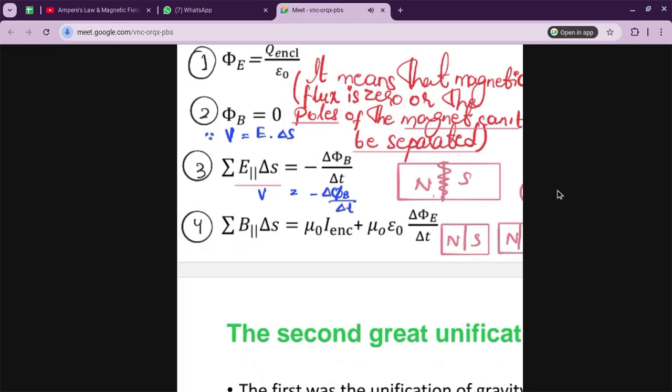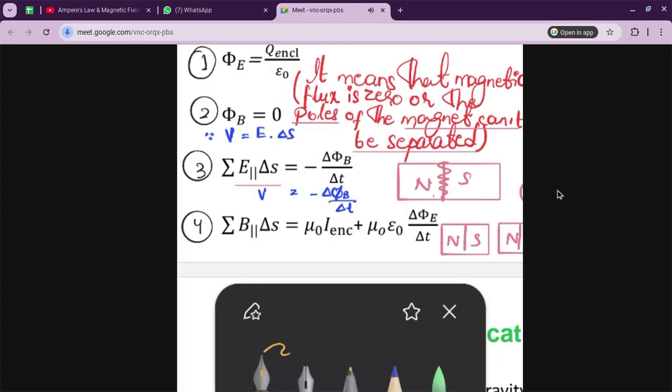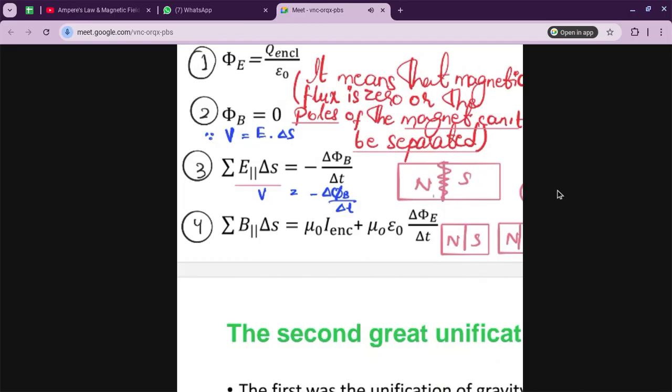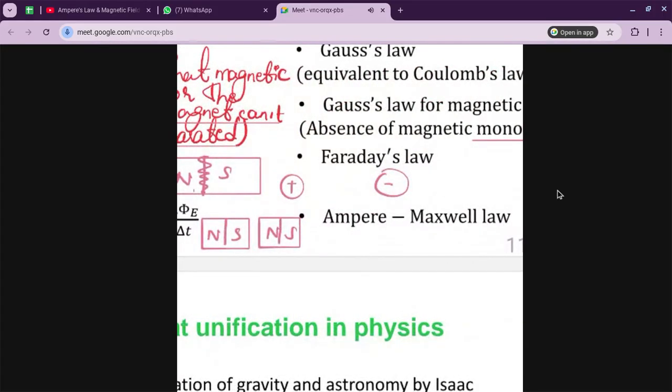Now what is V? V is voltage, or can I write like this? V is EMF also. So isn't it the formula of Faraday's law of electromagnetic induction? Yes. That's why it's called Faraday's law.